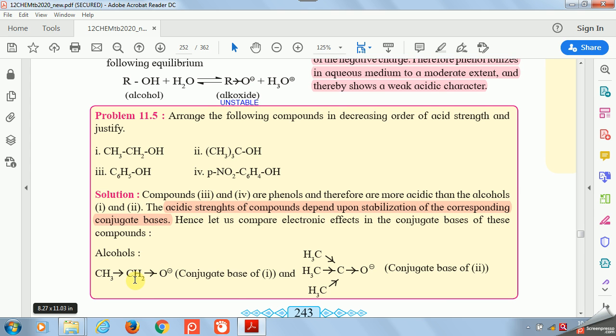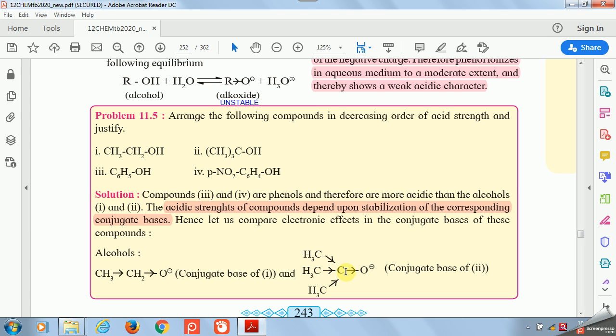Ethyl alcohol on ionization gives CH3CH2O minus. This is called the conjugate base, and we consider the alcohol as the conjugate acid of this pair. So negative charge over oxygen, and the second molecule is tertiary butyl alcohol, negative charge over oxygen.